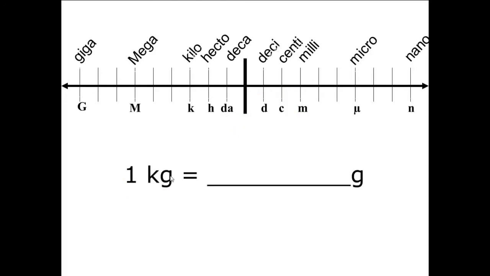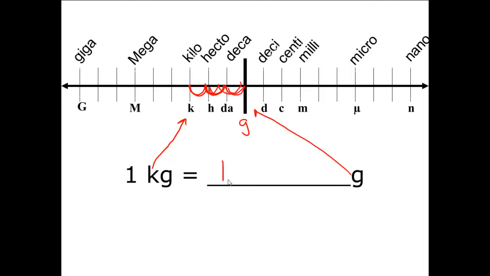Here's an example, guys, where I'm starting off somewhere else. It's kg, and I'm going to g. Well, g stands for grams, and because it's by itself, whenever a unit's by itself, it is in the middle of the number line, and kilo is going to start right there. So I'm starting off in kilo, and I'm going 1, 2, 3 places over to the right.